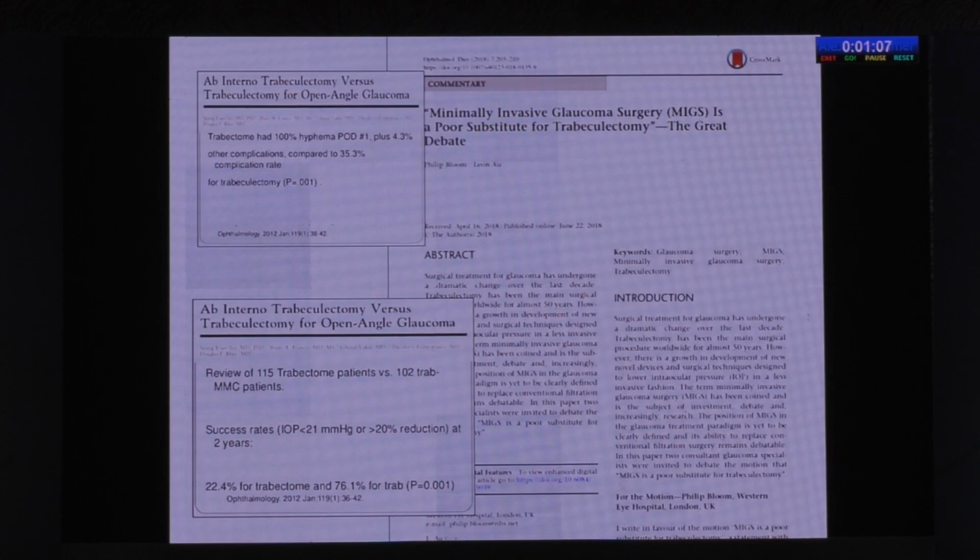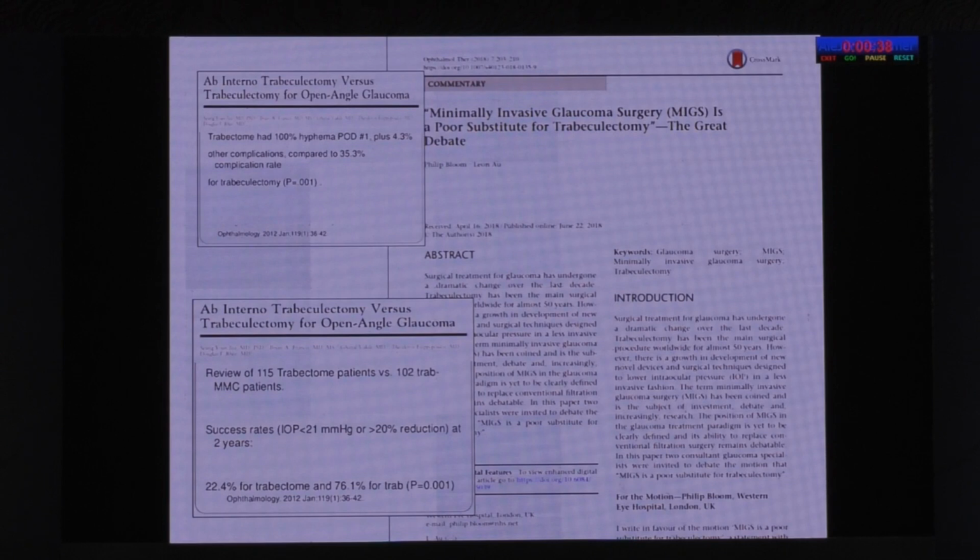Now let's compare MIGS with the gold standard, trabeculectomy. As Sir was saying, whenever we try to decrease the complication rate, the efficacy also goes down. Or you can say if the success rate is good, the complication rate is also high. There are studies which have shown that Trabectome or MIGS surgeries have a lesser complication rate, something like 4.3% as compared to 35% with trabeculectomy.